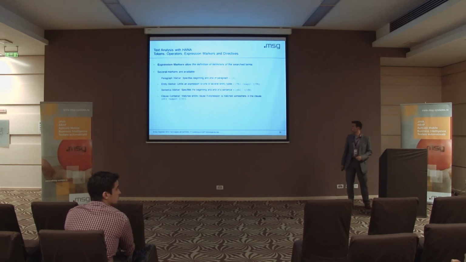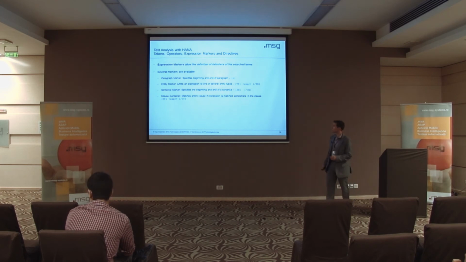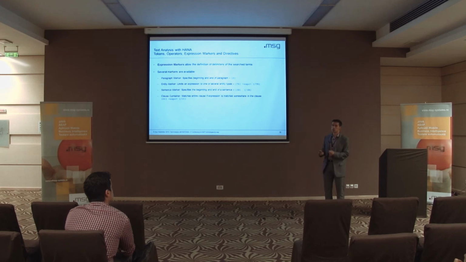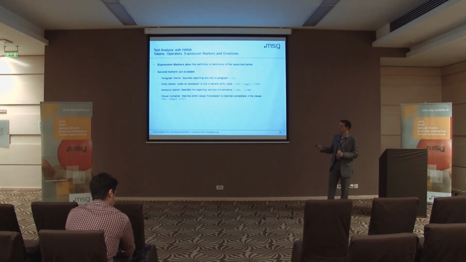And what you can also do is use expression markers. These are very important because with these expression markers, you delimit the search term. So usually when you do text analysis, you're not working like in our demos on one sentence within one column of a database table, but you have a really long text, and you do not want to make a pattern matching over the whole text, but perhaps restrict that to a single sentence.